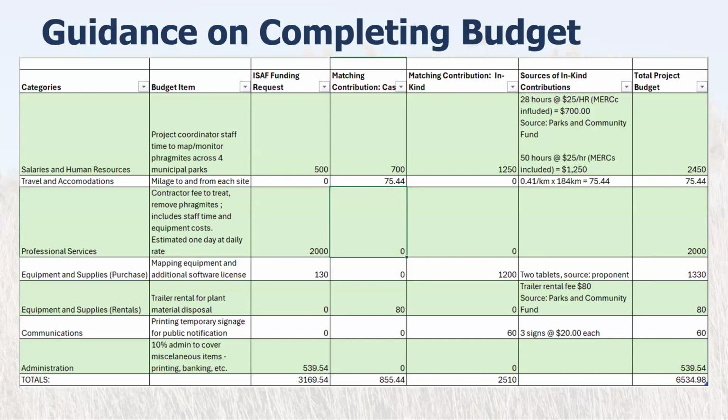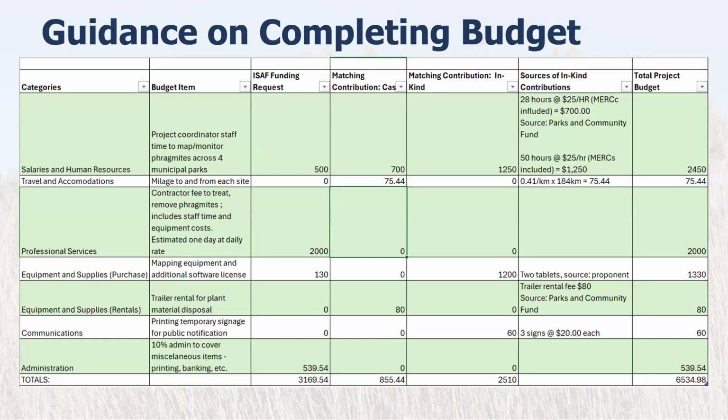Professional services, they're requesting $2,000 from the Phrag Fund for the contractor fee to treat and remove Phragmites. This is going to include staff time and equipment costs, and they're estimated roughly 1 day at the daily rate of that $2,000. Okay. No in-kind contributions for this line item, and that's just fine. Okay. We have equipment and supplies purchase, so mapping equipment and additional software license.